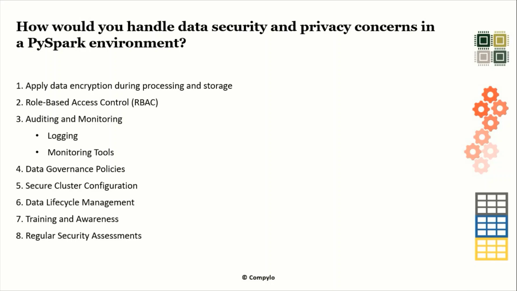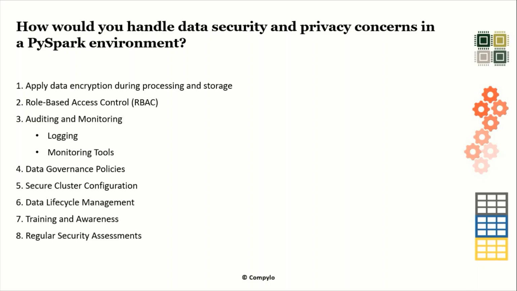Next question is, how would you handle data security and privacy concerns in a PySpark environment? Handling data security and privacy in a PySpark environment involves a multifaceted approach. One of the best practices we can follow is to apply data encryption during processing and storage.